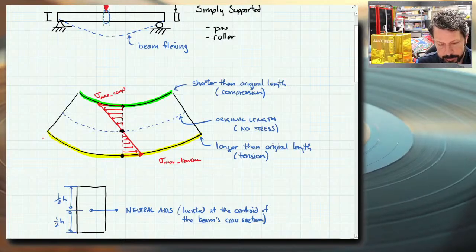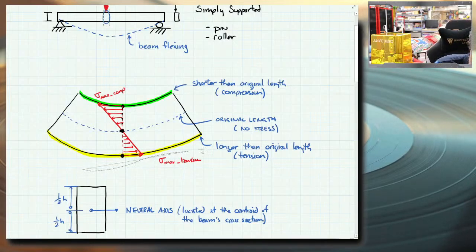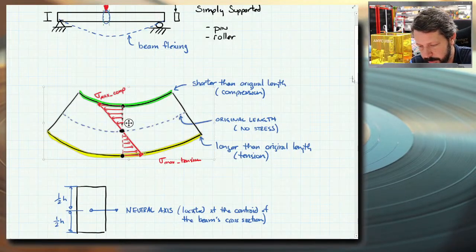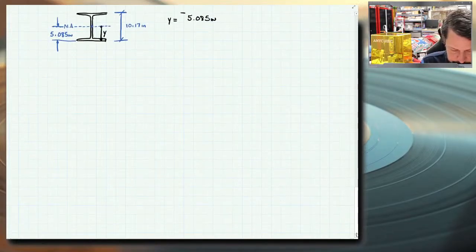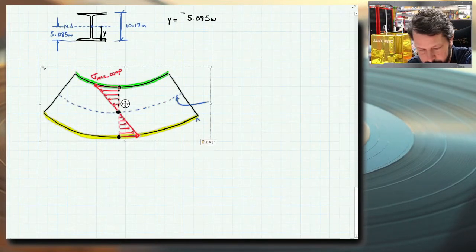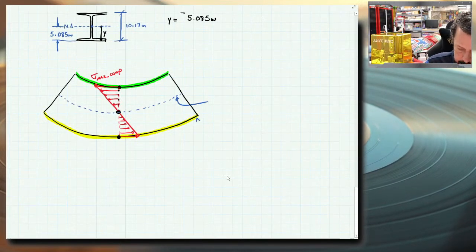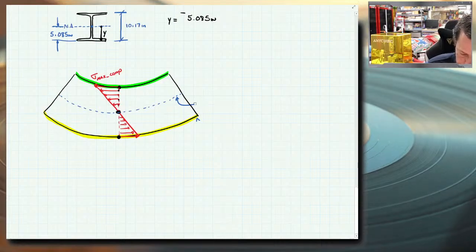There are bending moments and shear forces on these surfaces. So why don't we take this picture and work on it some more down here. All right. We don't really need this arrow. That was just pointing out that that was the neutral axis.